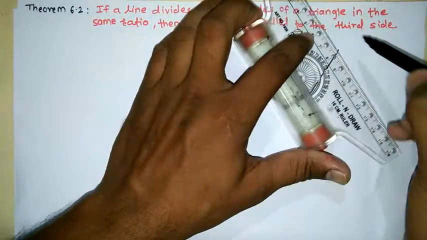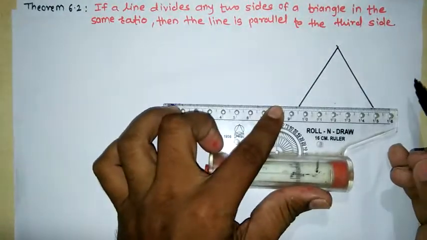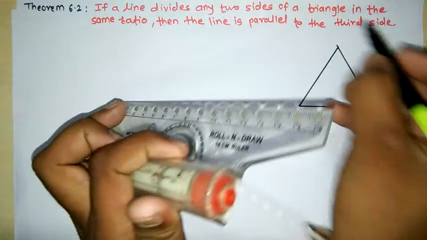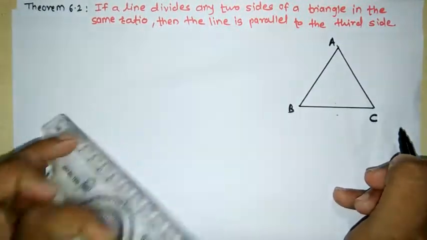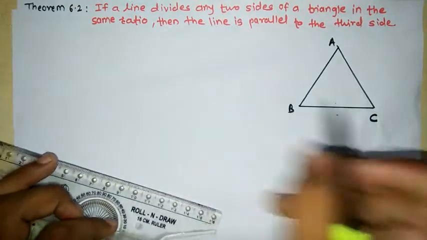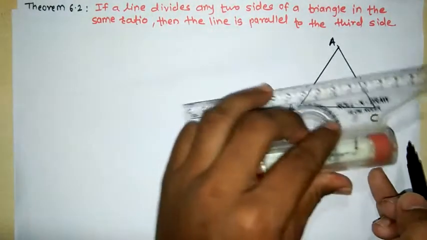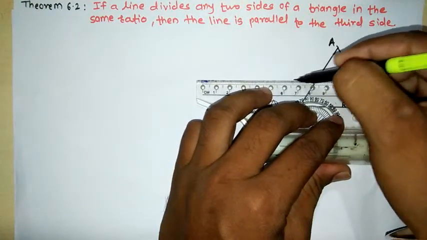This is a triangle ABC, and I will consider one more line. Here what is given? If a line divides any two sides of a triangle, I will draw one line which divides the two sides of a triangle in the equal ratio.